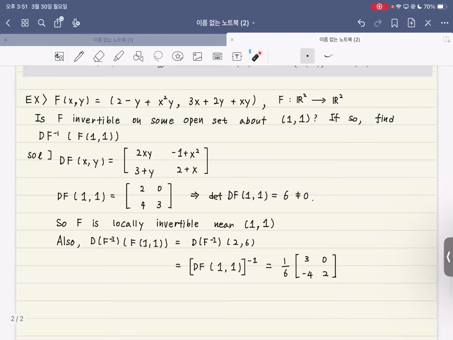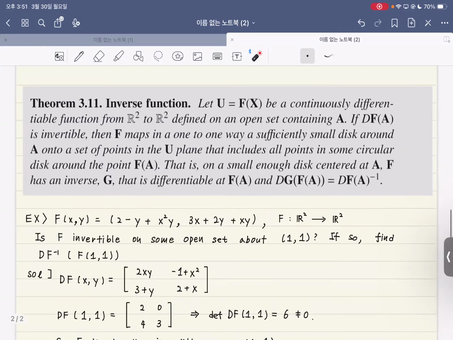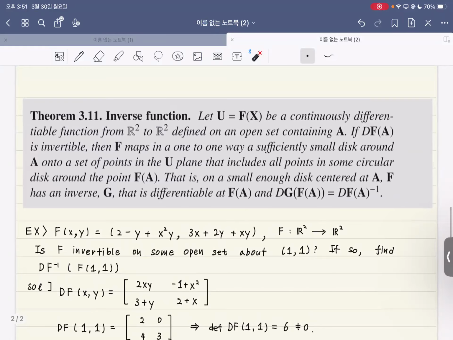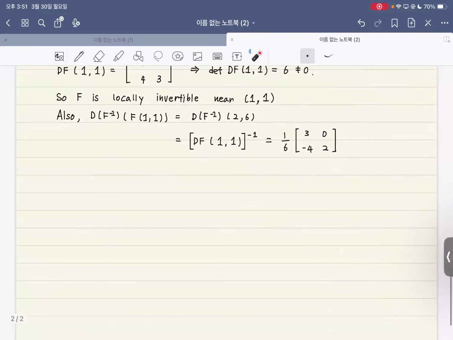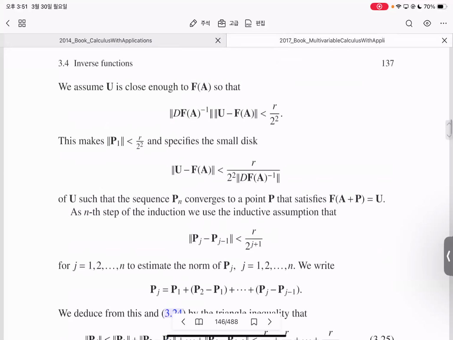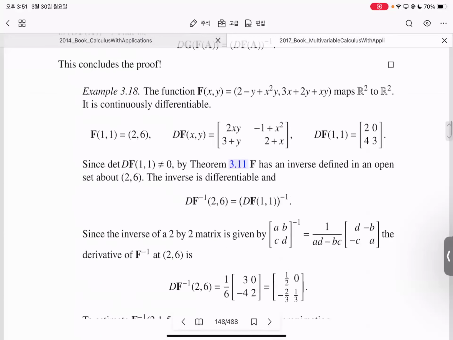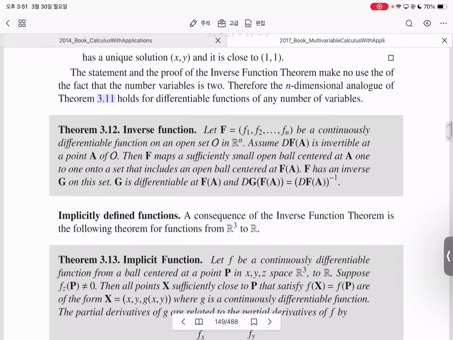All right. Yeah. So this is the inverse function theorem for a function from R2 to R2. Now I want to generalize the theory. What about a function from Rn to Rn? And there is another statement. All right.